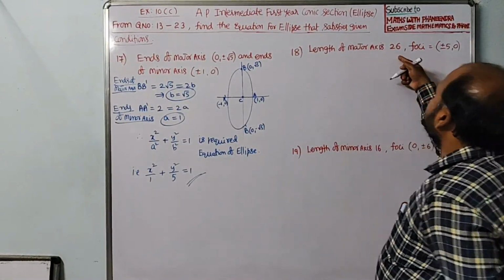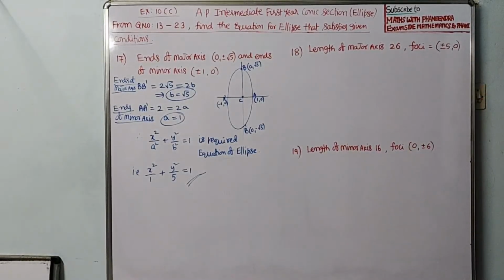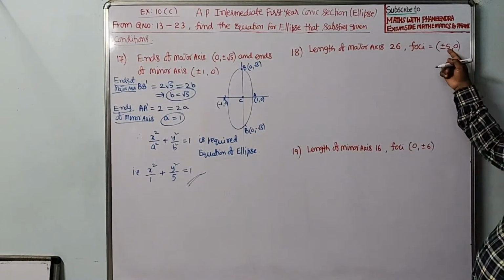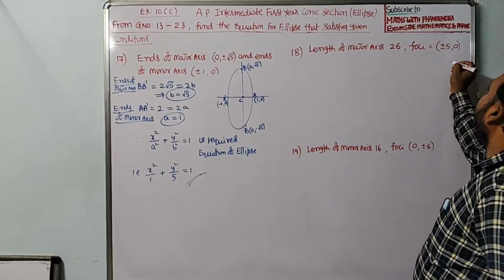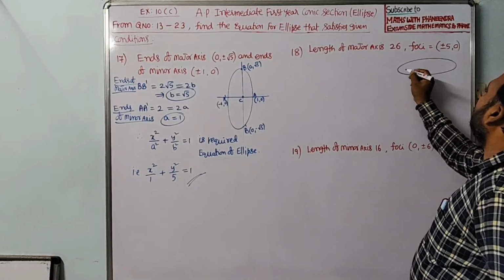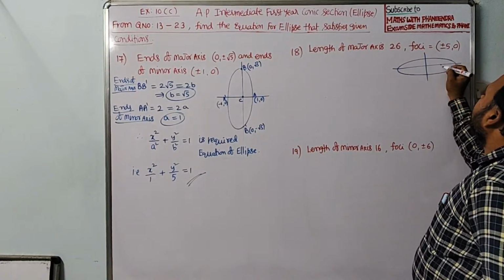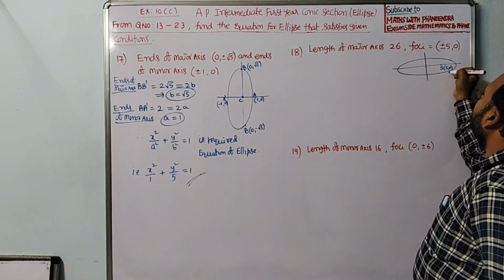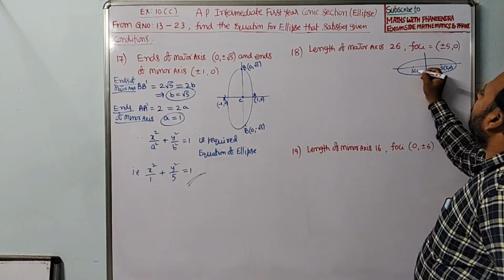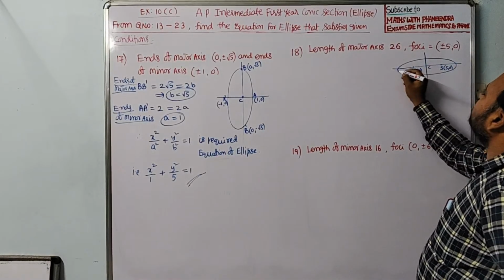Length of major axis is 26 and foci coordinates are plus or minus 5 comma 0. So obviously foci lie on x axis. Why? Because y is 0 here. So S is 5 comma 0, S dash is minus 5 comma 0. This is center.